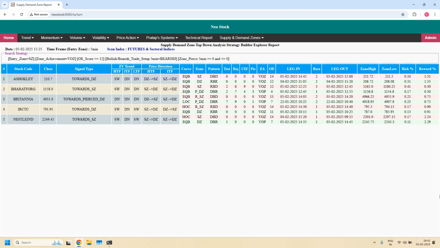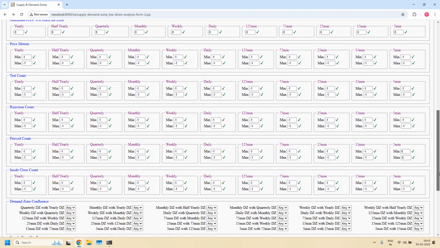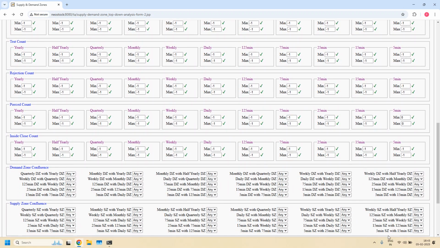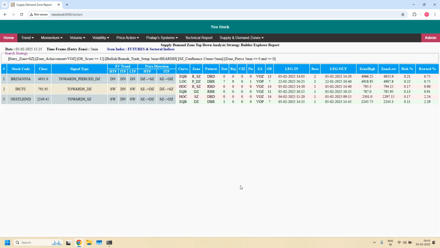Out of these 5, how many have ITF Confluence? Let us verify the supply zones. That means 5 minute supply zone with 15 minute supply zone Confluence. So in the supply zone Confluence, I am enabling the filter 5 minute supply zone with 15 minute supply zone Confluence. Out of 5, we got 3 stocks.